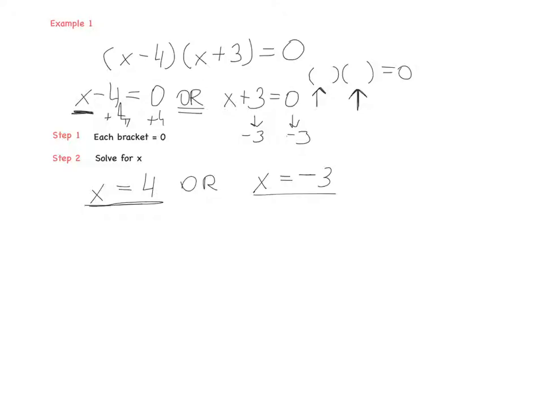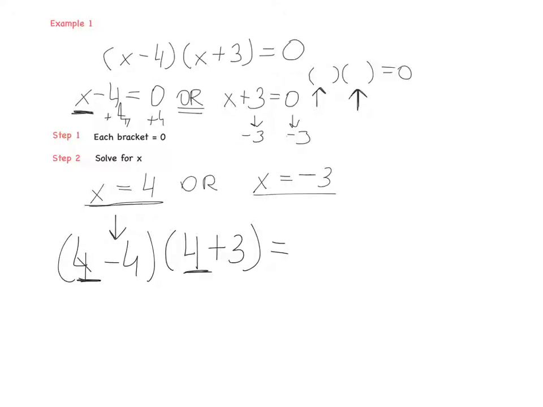First of all, x equals 4. Instead of x, we are using 4. So 4 minus 4 multiplied by 4 plus 3.